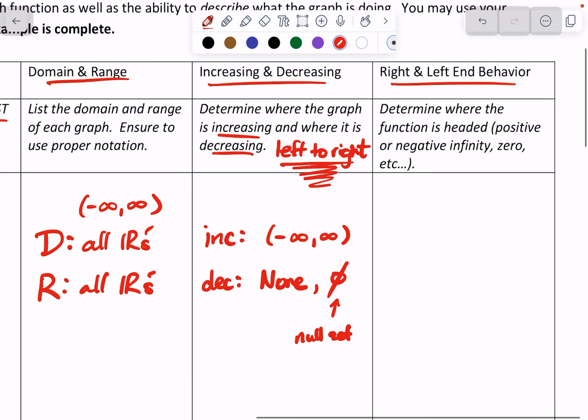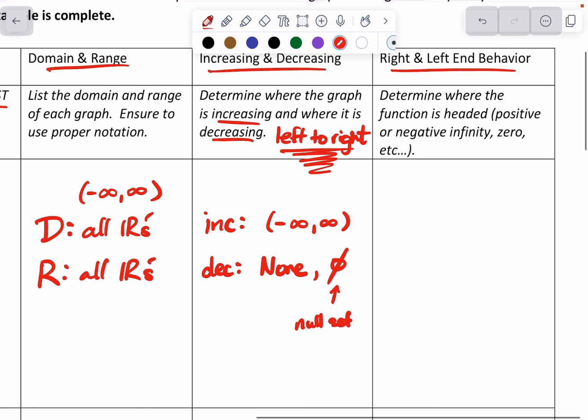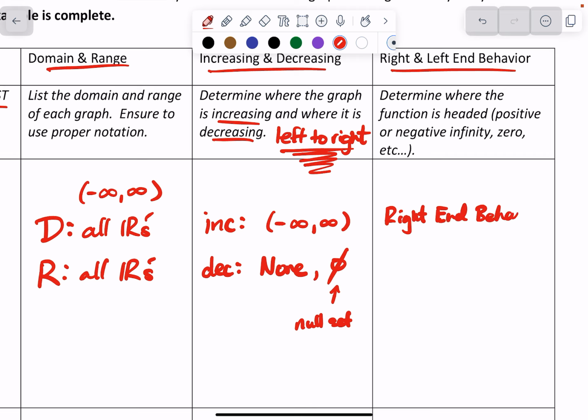So this is talking about the end behavior, right? So we can say the function moves to the right. We could say right end behavior. Or we could just say right, just for short. This is going to positive, well, we don't have to write out the word. We can just write infinity.